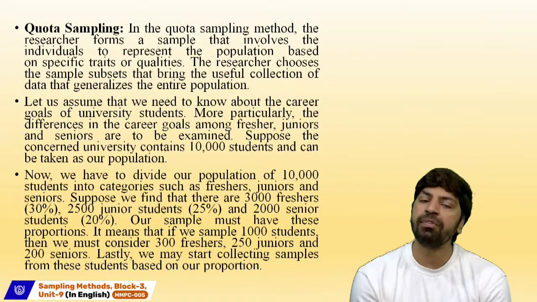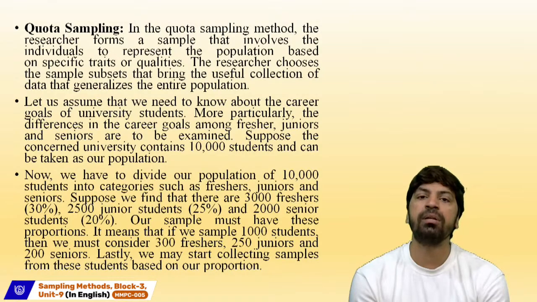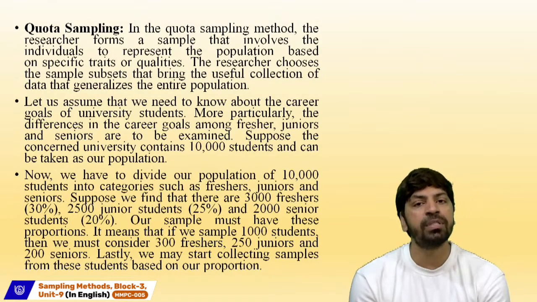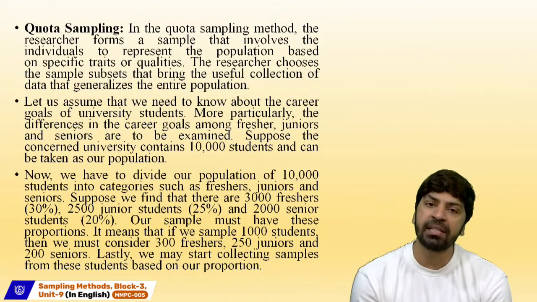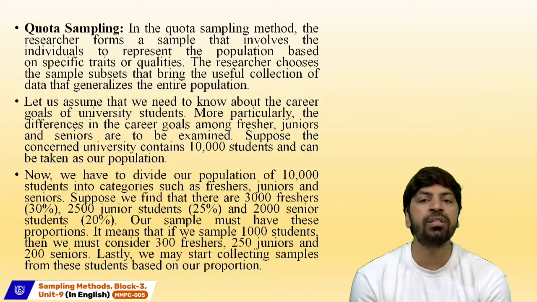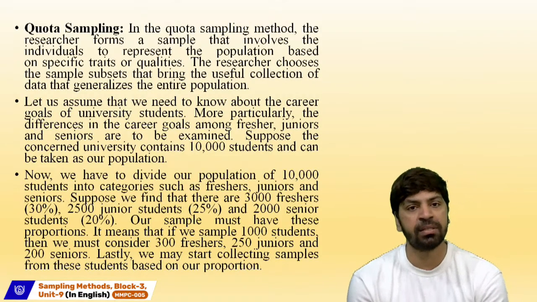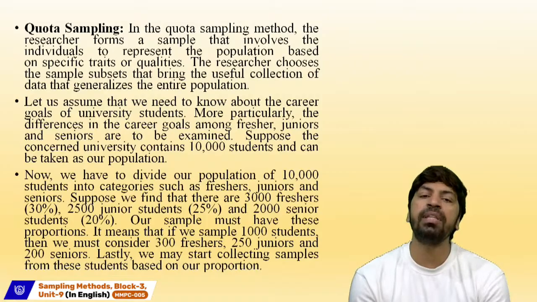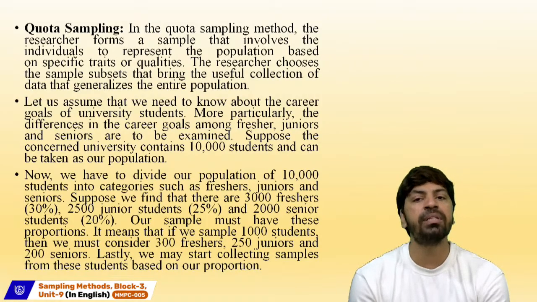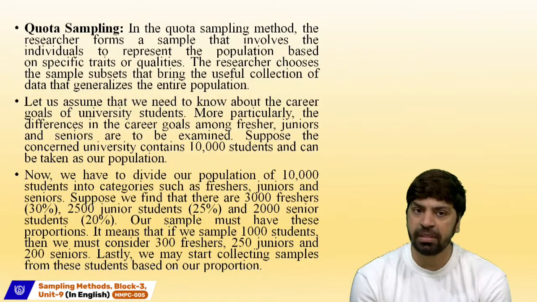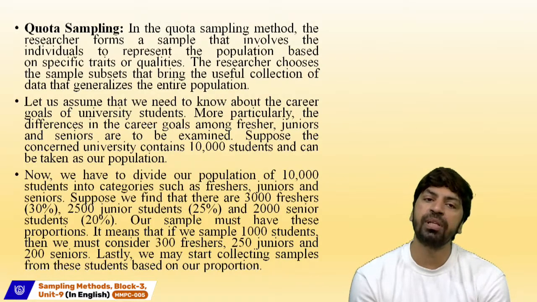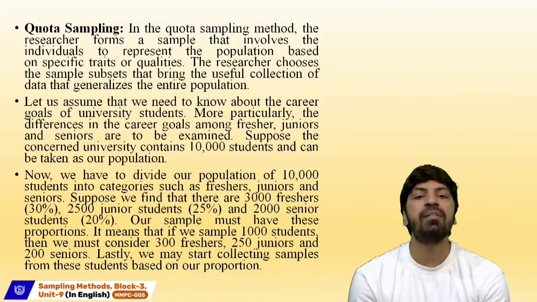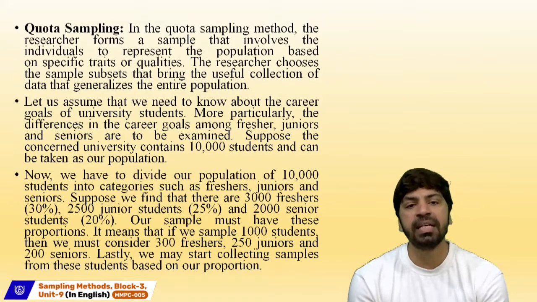Now we have to divide our population into categories such as freshers, juniors, and seniors. Suppose we found that there are 3,000 freshers (30%), 2,500 junior students (25%), and 2,000 senior students (20%). Our sample must have these proportions.